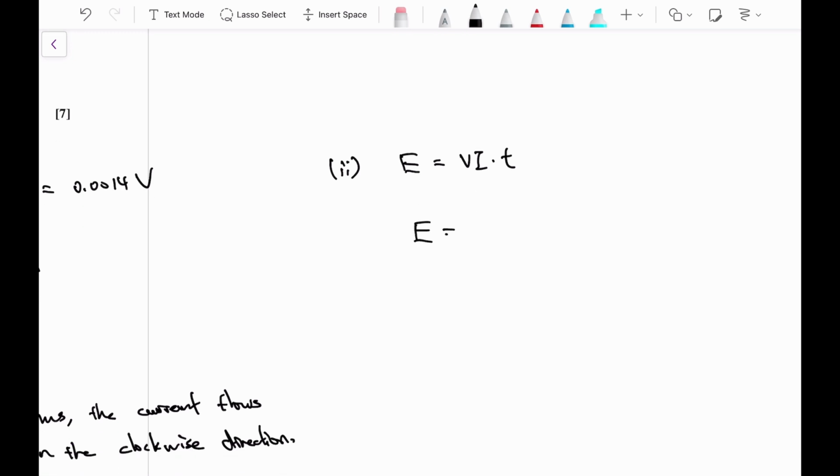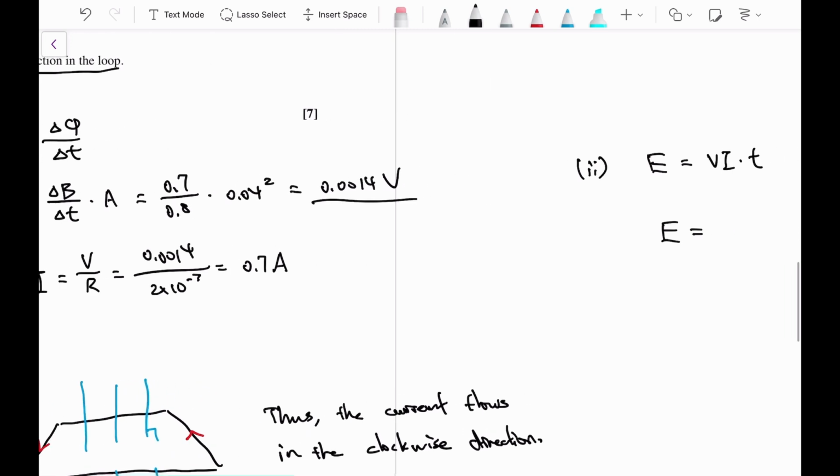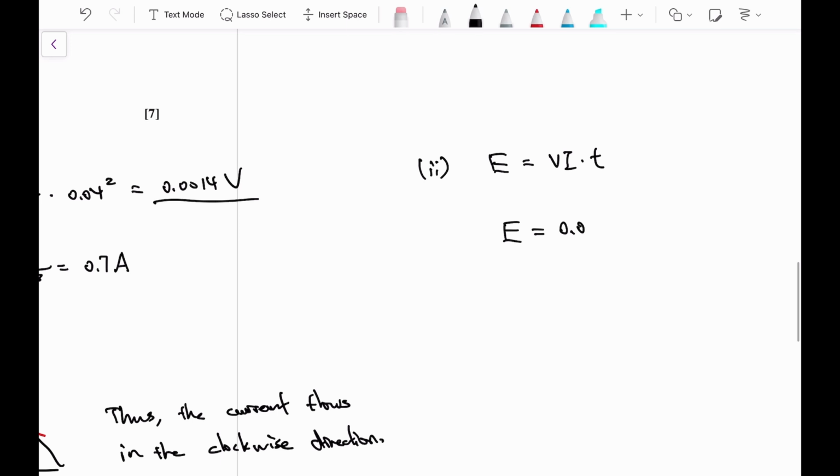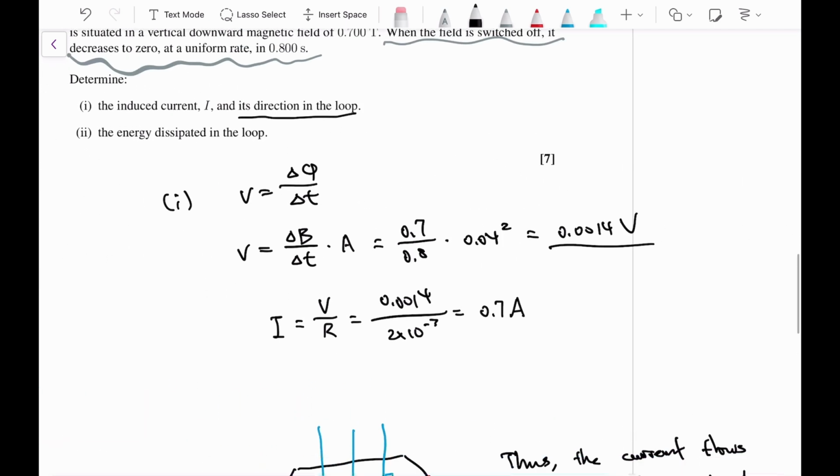So the voltage we calculated over here, 0.0014, and then times the current, which is 0.7, and then times the time, which is given as 0.8.